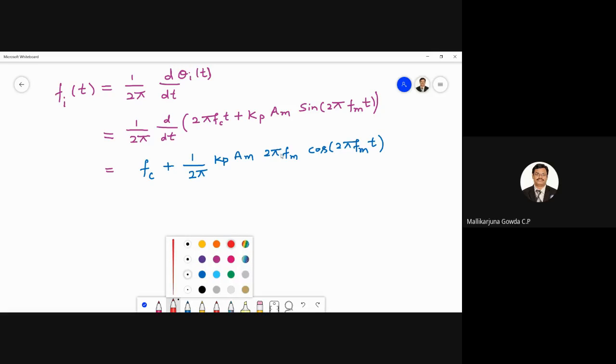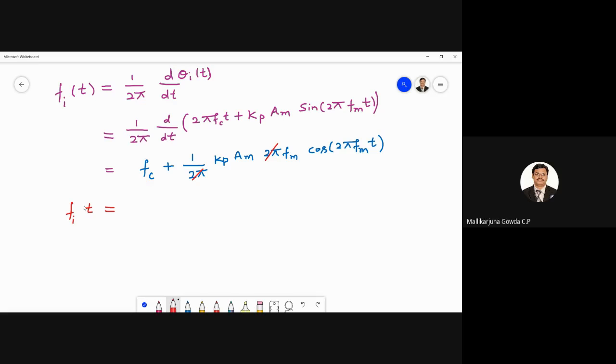So now I can cancel this 2 pi, right? So I can rewrite it as fi of t is equal to, what can I write? Yes, can you say fc, what I can write? Yeah, it will be fc plus.